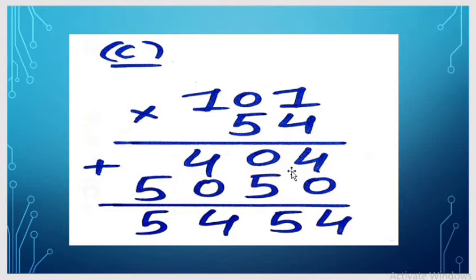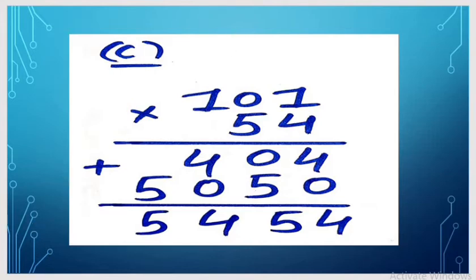So now let's do the addition. 4 plus 0, so 4, 0 plus 5, so 5, 4 plus 0, so 4, and 5 as it is. The answer is 5454. 5454 is our answer. Understood, students?